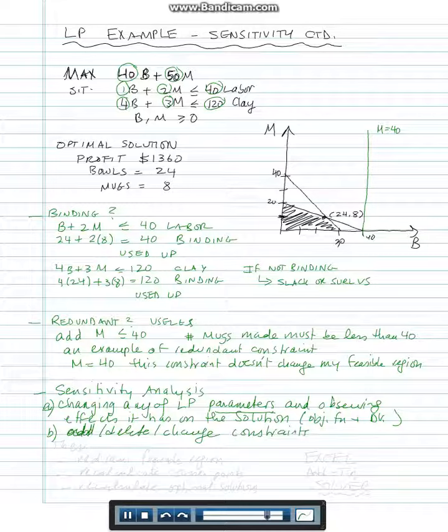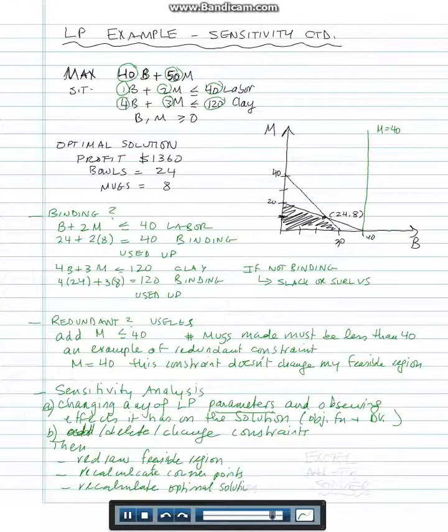Anyway, you do any of these things, changing the parameters or add, delete, change constraints, any of that, then you have to redraw the feasible region if you're doing it graphically by hand, and then you have to recalculate corner points, and recalculate the optimal solution.